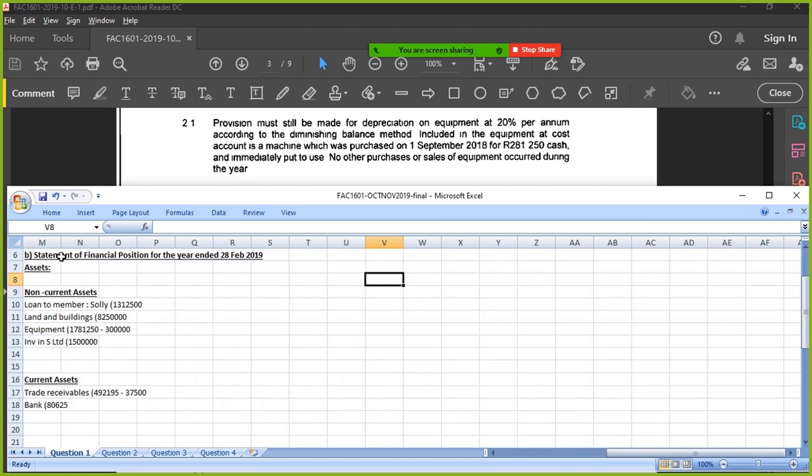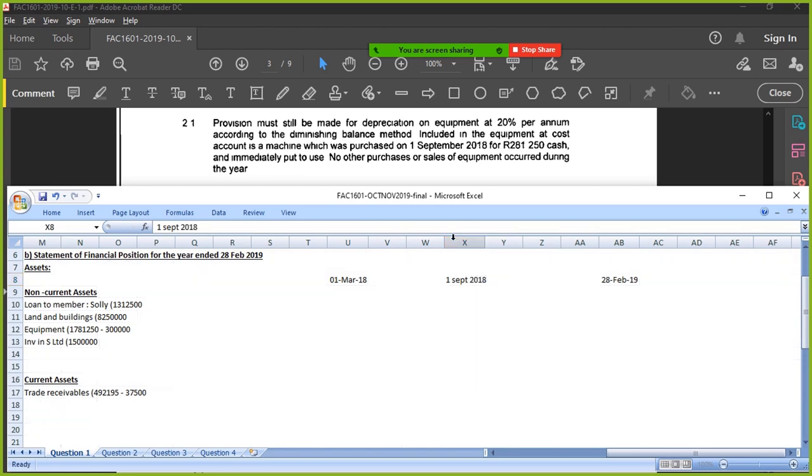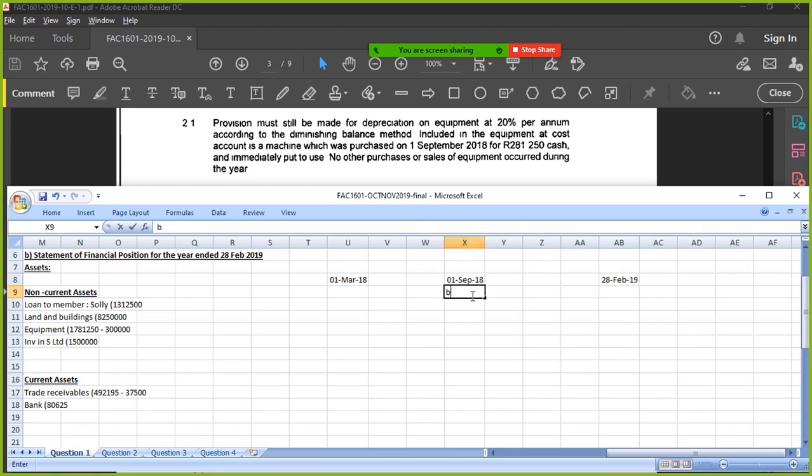So end, beginning, during the year. Okay, we bought and including the equipment purchase on, okay, for what is it, 281250 cash.